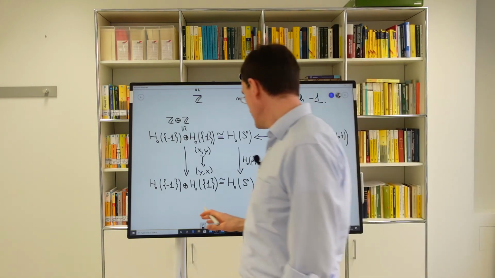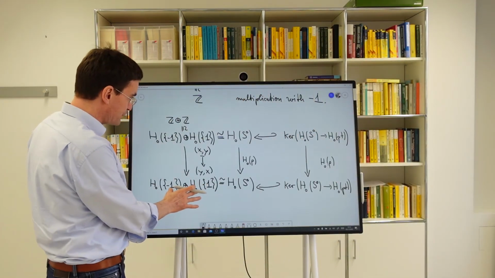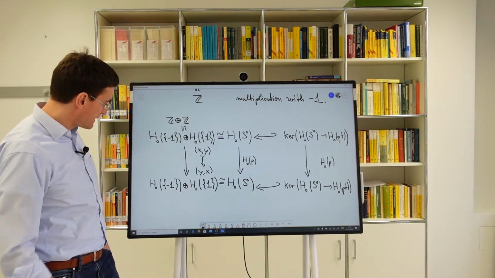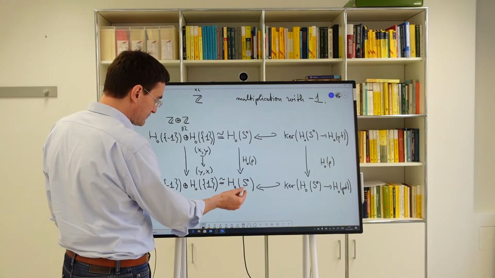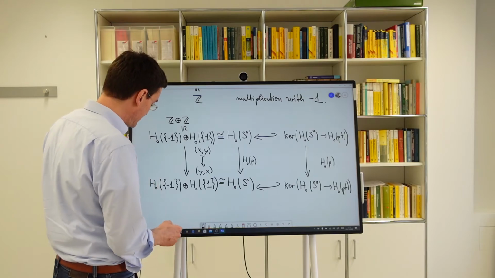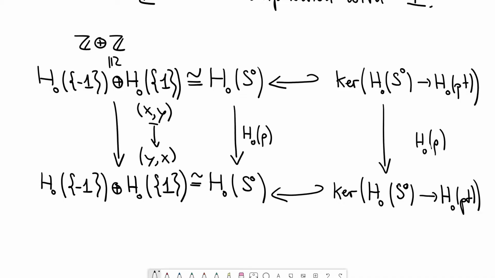Well, we can maybe think on this left side what this kernel really is. Okay, so you have this map to the point, and this map to the point, what does it do? If you identify both H0 of minus 1 with Z and H0 of 1 with Z, then here you have the point, which is also isomorphic to Z.